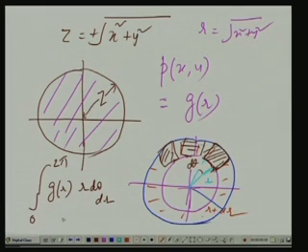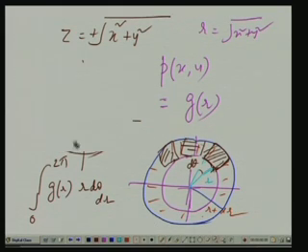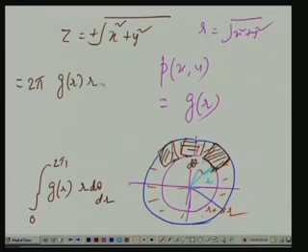What does it give? This gives 2 pi G r r dr. Okay.